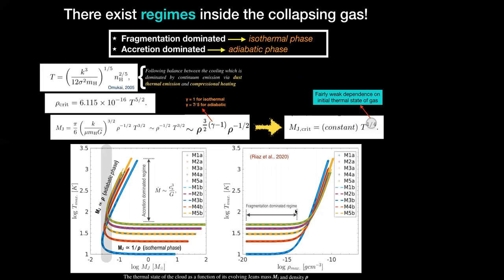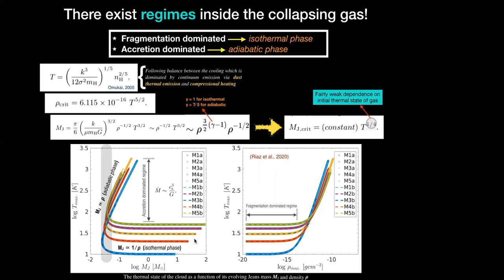So what you're observing here is the outcome of our simulations. On the x-axis you have the Jeans masses, and on the y-axis you have the temperature of the gas which is evolving. Let's consider this particular part of the figure.